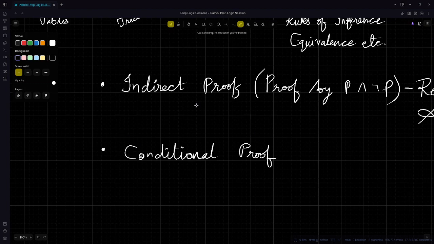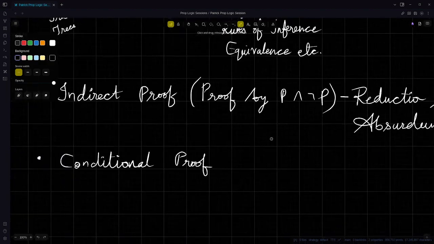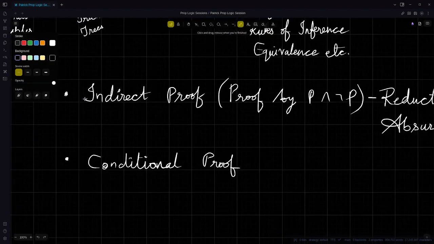So that's what an indirect proof is. And with some creativity, you can actually just use indirect proof for any kind of proof. Literally any argument can be shown to be valid if it is valid, of course, granting that any valid argument can be proved to be valid using an indirect proof.